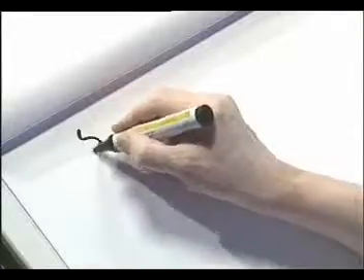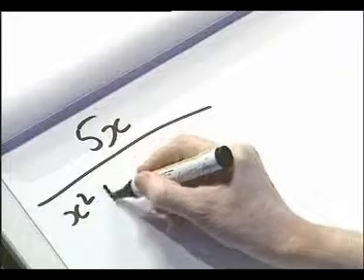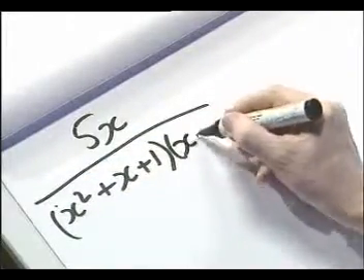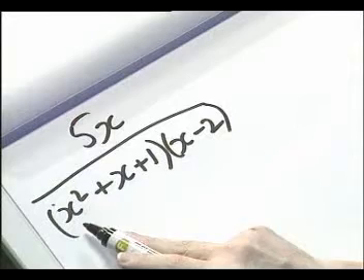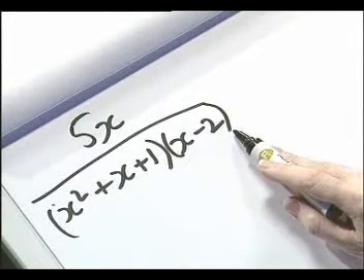Another case we must consider is where the denominator contains a quadratic that can't be factorized, as in 5x over (x squared plus x plus 1) times (x minus 2). If we're to express this in partial fractions, the two denominators are going to be x squared plus x plus 1 and x minus 2.